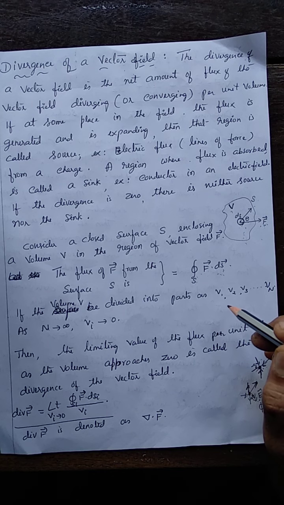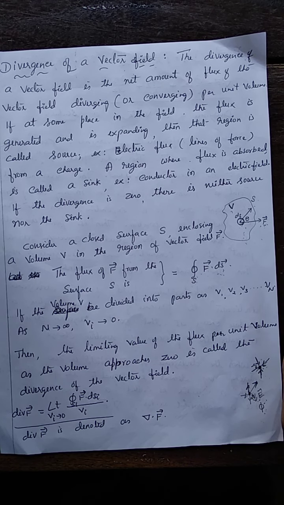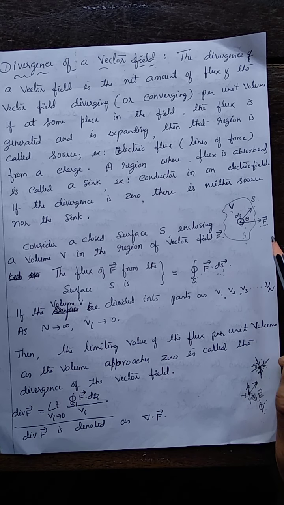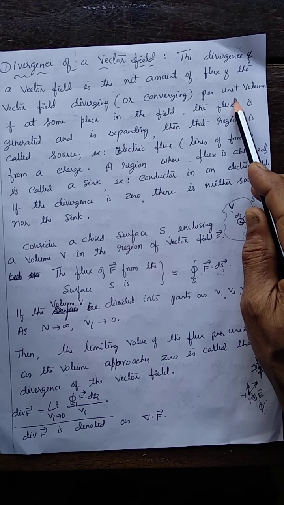Now what is divergence? We define divergence as the limiting value of flux per unit volume.